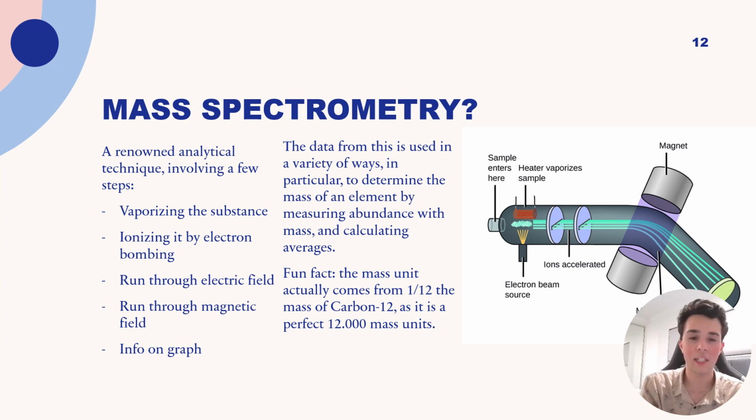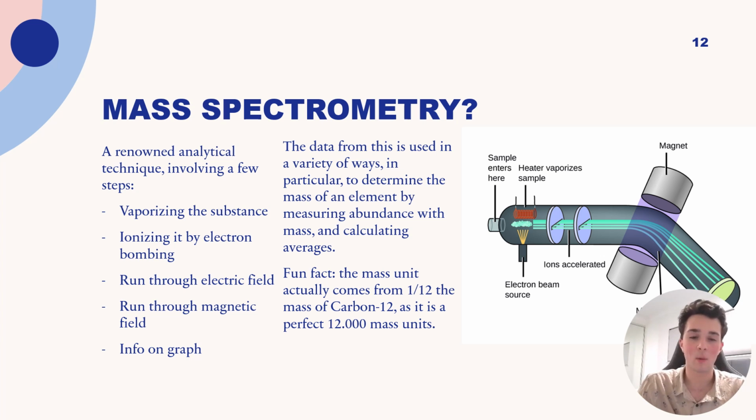And fun fact, the mass unit actually comes from carbon-12. Because carbon-12 has 6 protons and 6 neutrons, it's the only element that does this, but it's got a perfect mass of 12.000 units. So if you divide it by 12, that will be the mass of 1 proton or 1 neutron.